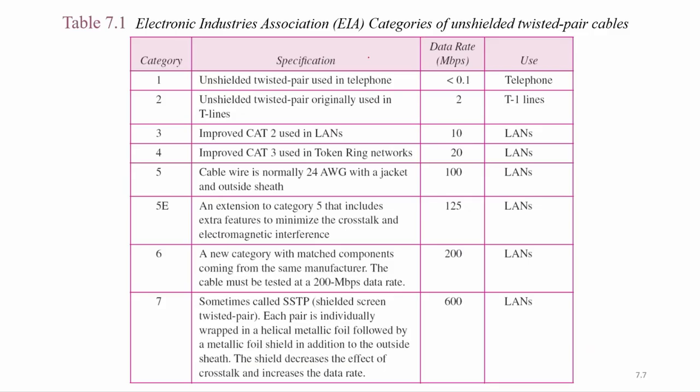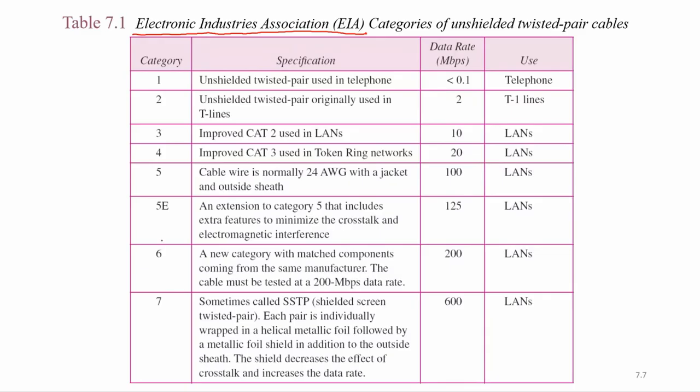Here different categories of UTP cables are given. These categories are given by the society called Electronic Industries Association. So EIA is a society. They have given a standard for what different categories of UTP can be fabricated or designed. There are category 1, 2, 3, 4, 5, 5E, 6, and 7.